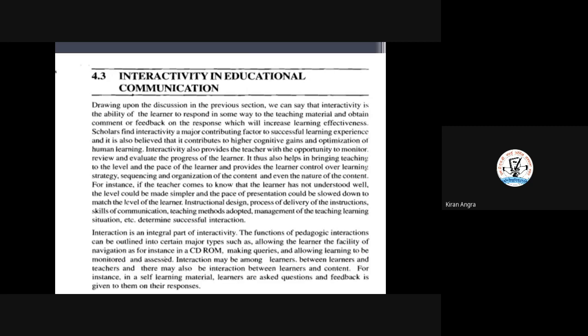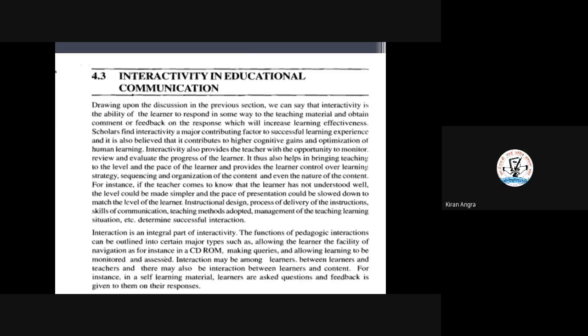That is why interactivity is important in any classroom while teaching, because this gives an opportunity to the teacher to monitor, review, and evaluate the progress of a learner. How could you understand if I'm teaching something whether it is reaching you or not? Whether your level of cognition or cognitive powers have risen or not?